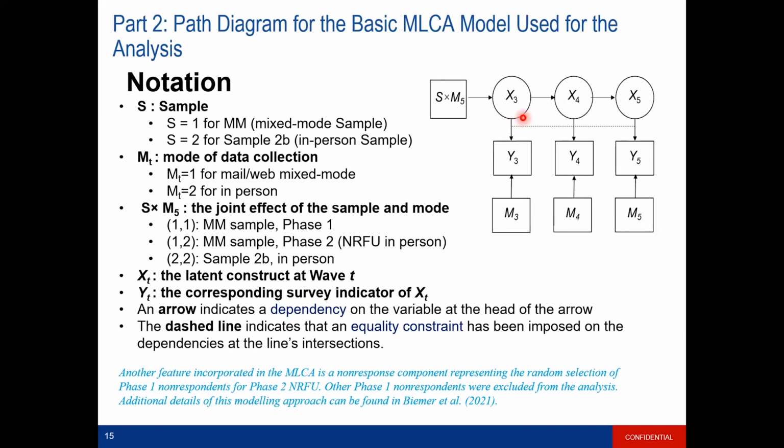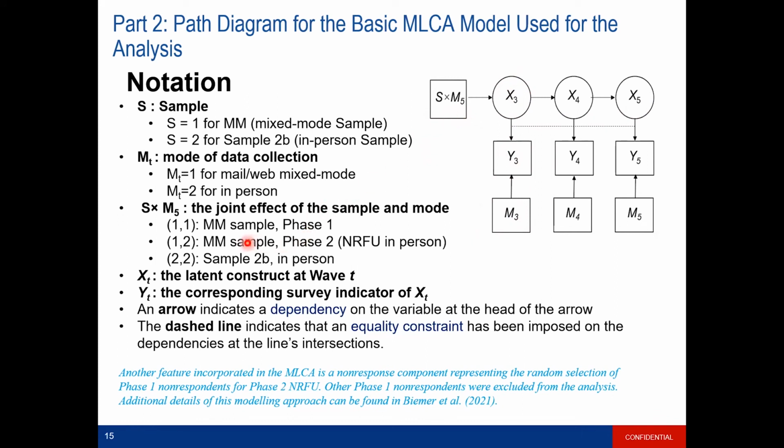So what we believe is that for this model, X3, which is a true value, and also the mode of data collection is affecting the response value, Y value, which is what we are seeing from the data. What is also affecting the response is what we call the joint effect of the sample and the mode.